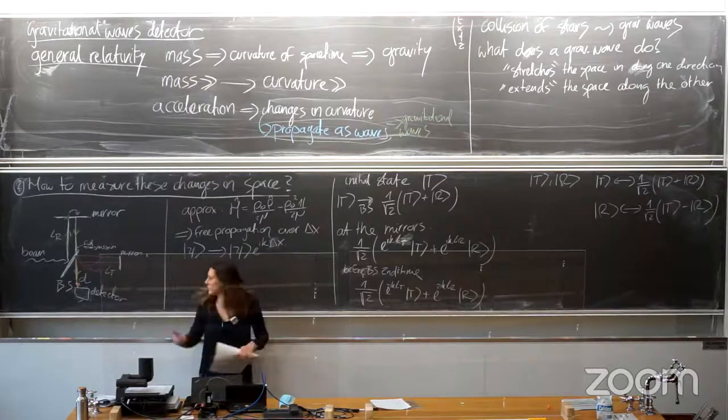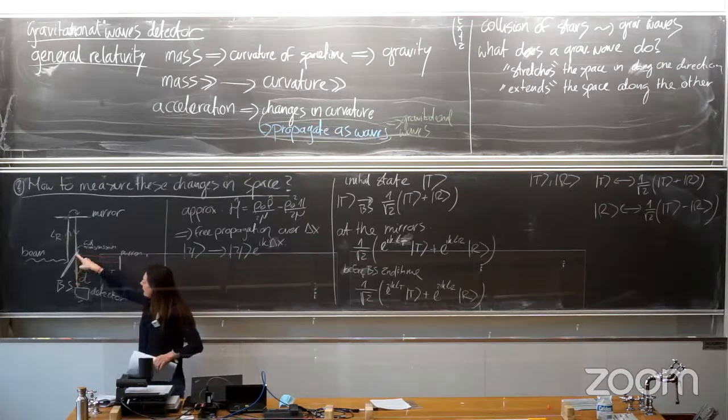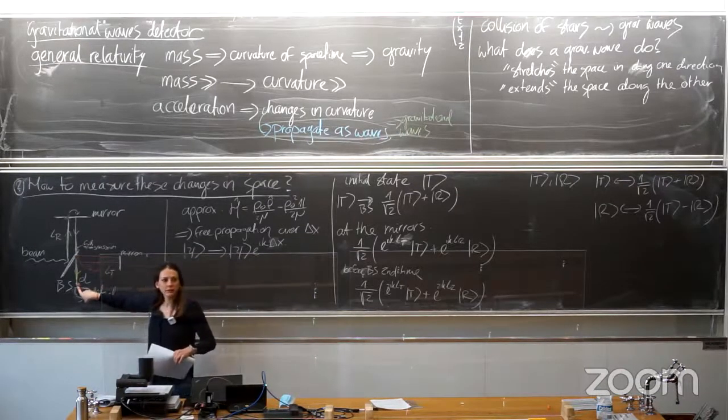Now we are here. What do we have at the detector? We again freely propagate. Exactly. But we still have to add something.